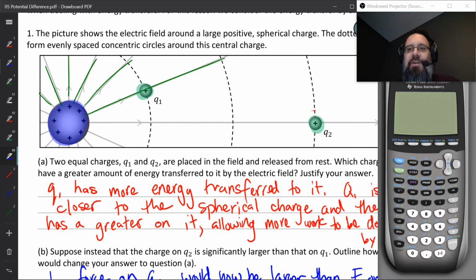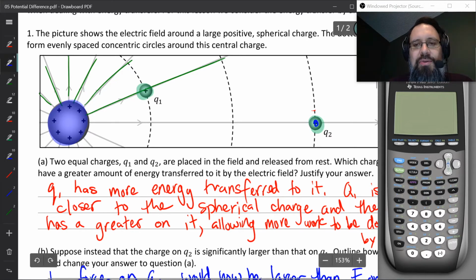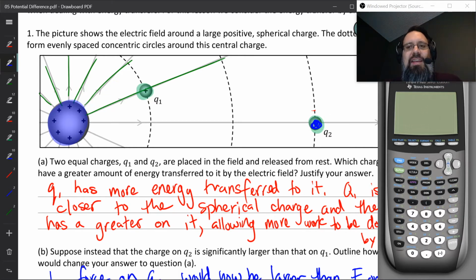So it's a very similar idea. We don't want the amount of charge on Q2 to affect the amount of energy that the field can give it. We want this quantity that doesn't depend upon what you put in the field, this chargeless quantity. We want to say, hey, this field is capable of giving this much energy per charge.